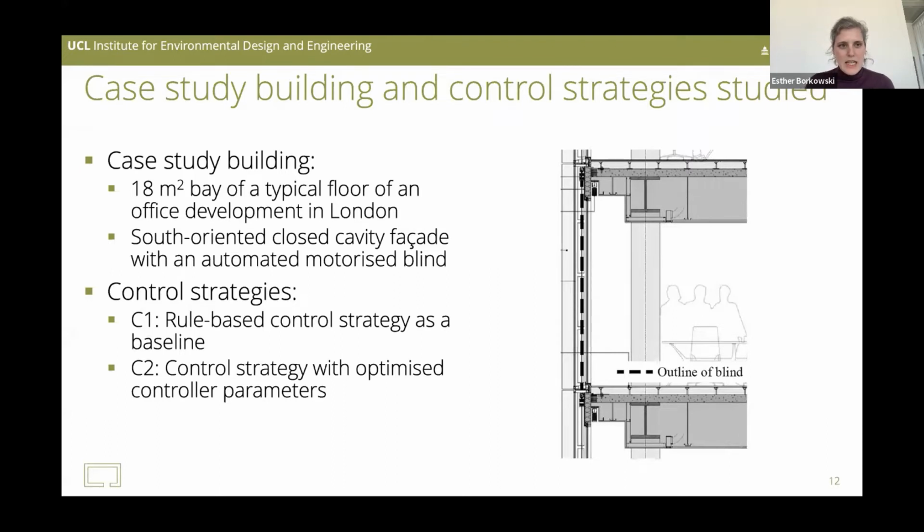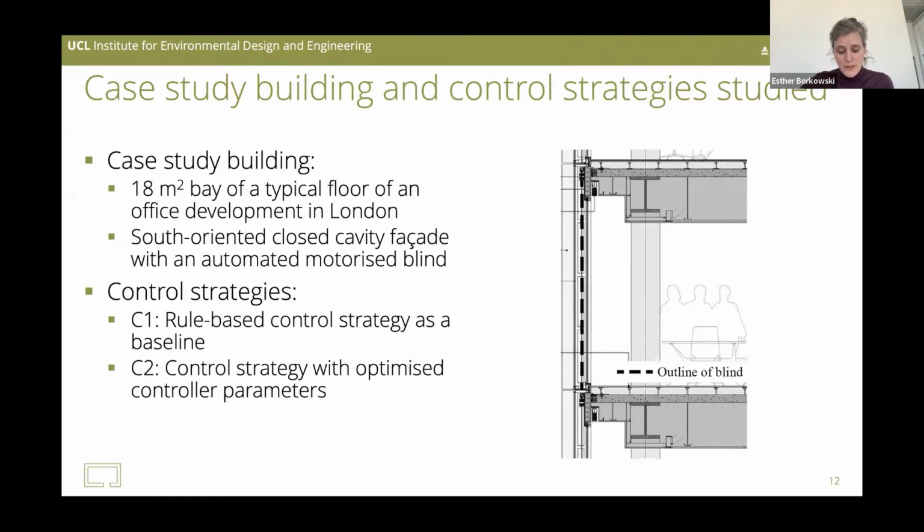As a case study, I chose an 18 square meter bay of a typical floor of an office development in central London. The south-oriented facade of the case study was a closed cavity facade with an automated motorized blind. The blind in the study had 6 different positions, from open and then horizontal, various tilted to closed. And I investigated 2 control strategies.